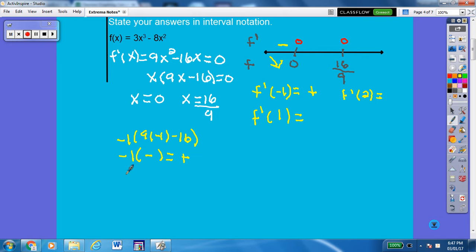All right, now 1. If I put in a 1, I'm going to get 1, and then inside I'm going to get 9 minus 16. Guess what? That is still negative. So positive times a negative, negative times positive is, I don't know why I'm having issues with that. That's a negative, so that's going to be negative here. And you know what? Let me go back a moment.